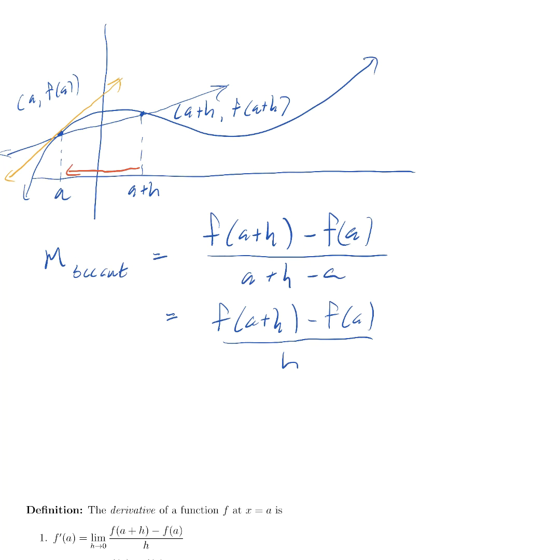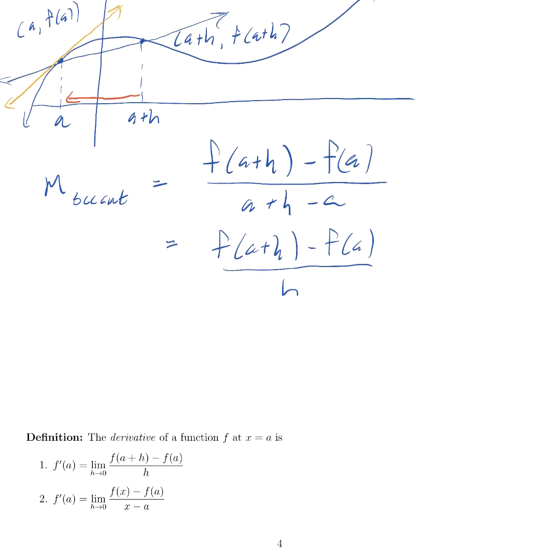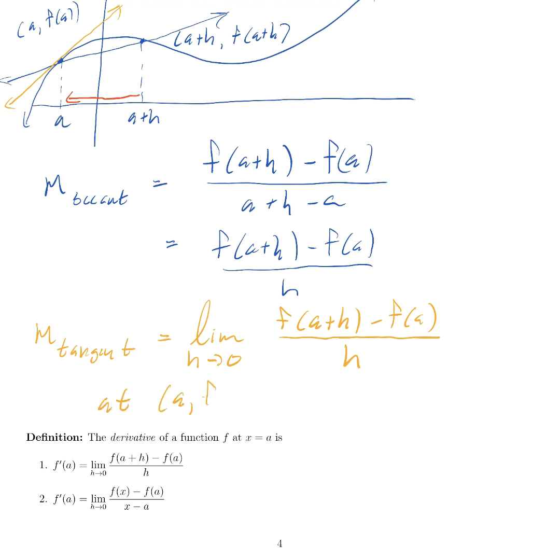And the only way it can do that is if h approaches 0. Our secant lines will look more and more like our tangent line, and we get that the slope of the tangent is the limit as h approaches 0 of f of a plus h minus f of a, divided by h. And again, that's the tangent at the point (a, f of a).